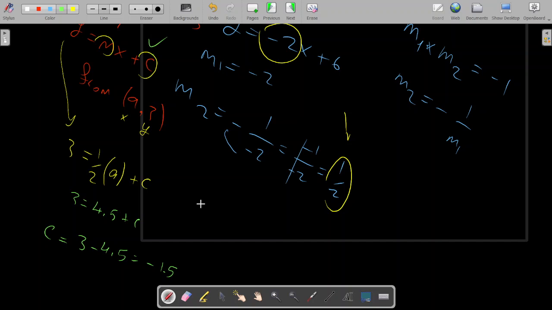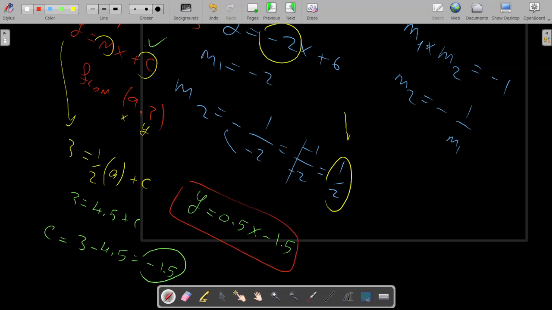It means that my equation of that perpendicular line is going to be y equal to half, which is the m, and you're going to use this as a c, which is going to be minus 1.5. This is the equation of your straight line or the other line that is perpendicular to the line. You can write it as fractions.